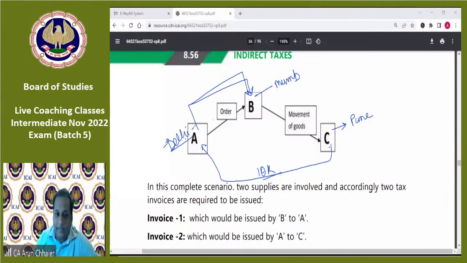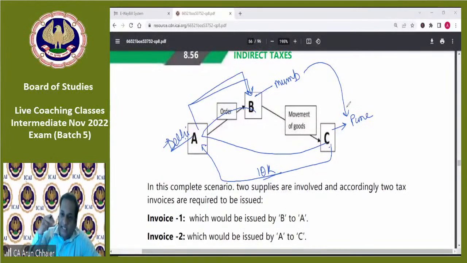Now you all tell me, will B deliver the goods to Delhi and then Delhi will send the goods to Pune? Is the movement going to happen this way? Or will the goods directly move from Mumbai to Pune, because both are in Maharashtra and it is very near? How will the movement of the goods happen? First Mumbai to Delhi, then Delhi to Pune, or directly Mumbai to Pune?